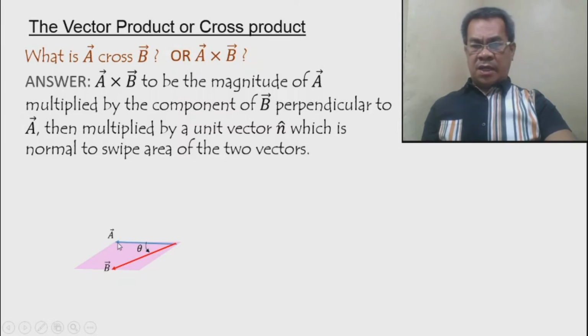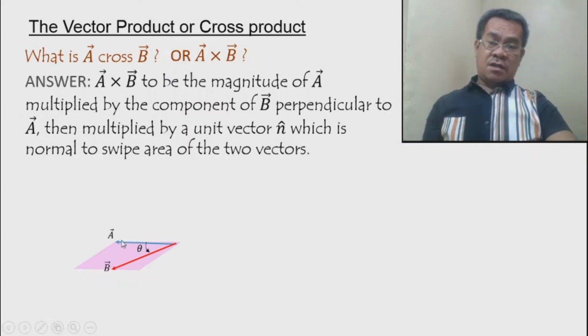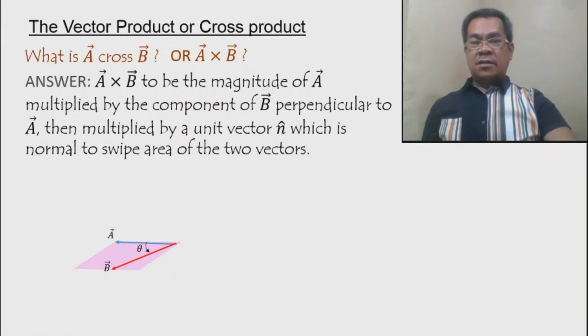The swipe area is the plane that the two vectors lie on. In this case, this colored pink plane is where vector A and vector B lie.